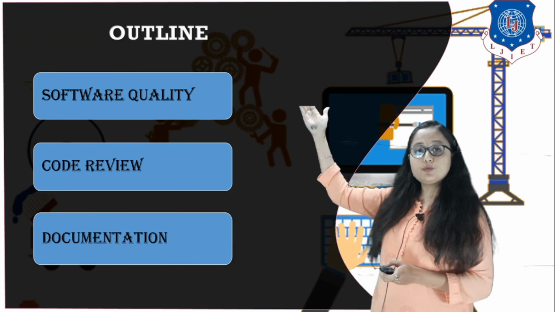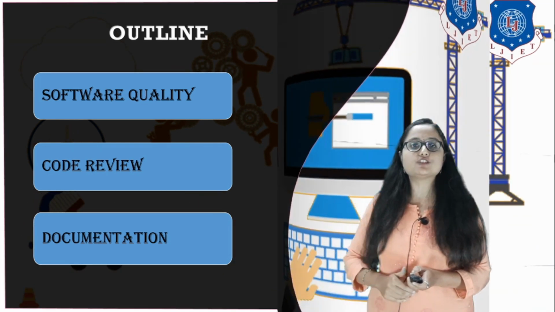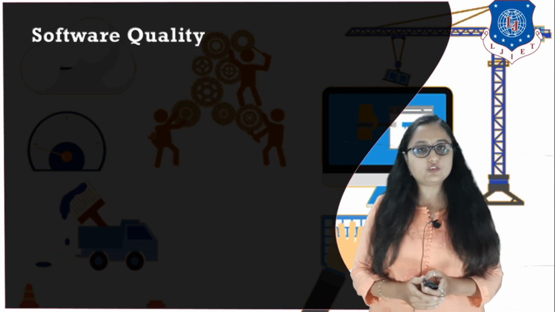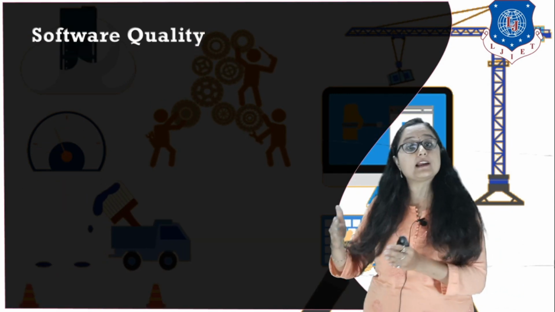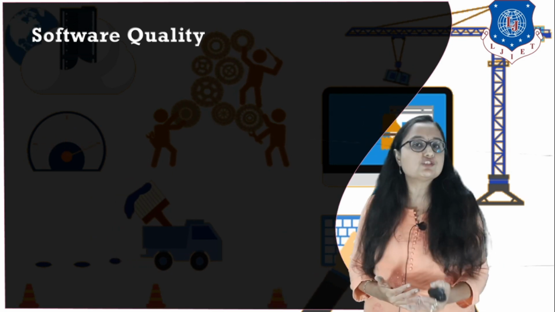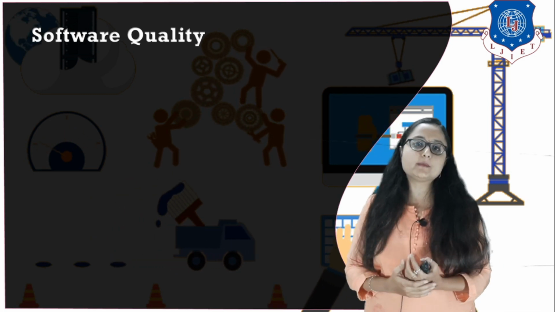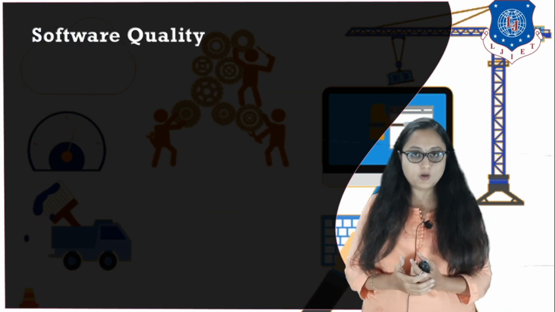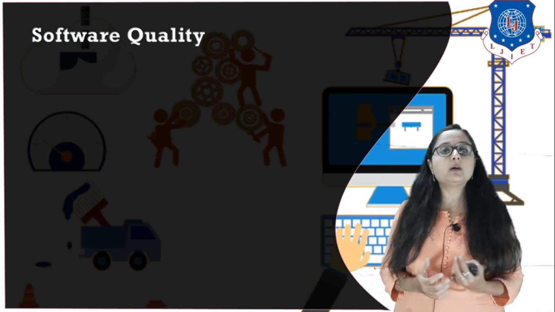So let us jump on to our first topic, software quality. We all know what software quality means, and there are different parameters on which we can measure it. For example, reliability is one of the software qualities.